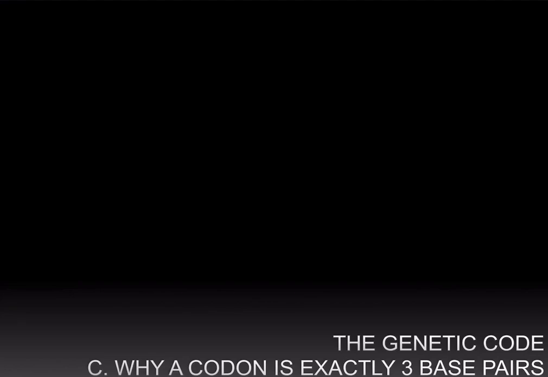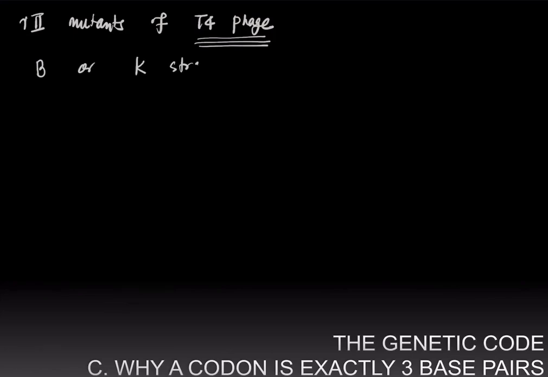And evidence that this is the case came from Francis Crick's experiments with what are known as R2 mutants of the T4 phage. Now, the T4 phage is a virus that infects E. coli, and normal T4 phages can infect B or K strains of E. coli.